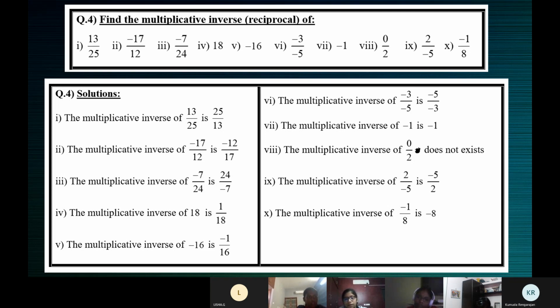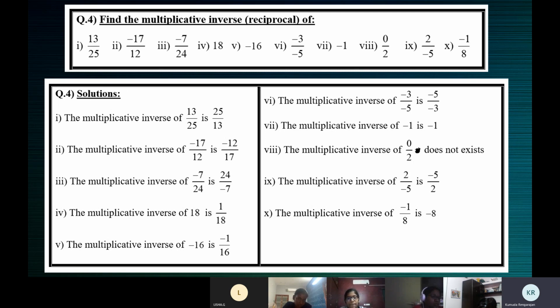Ma'am, because when we divide it, we do not get 1. No, that's because there is no number like that. 2 by 0 is not defined. The reciprocal is 2 by 0, which is not defined. Ma'am, I thought 0 by 2 is 0, ma'am. That is not equal to 1.